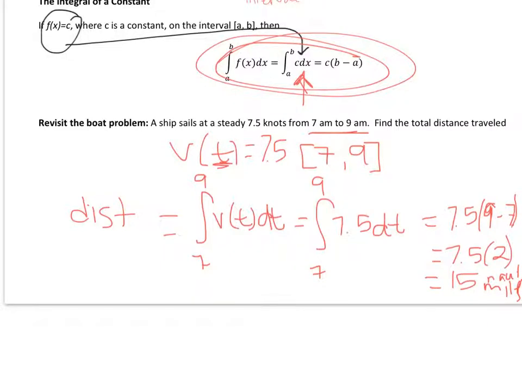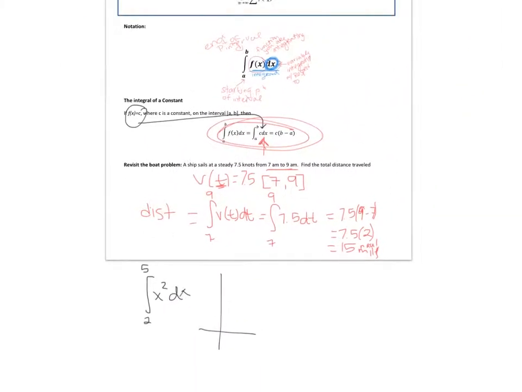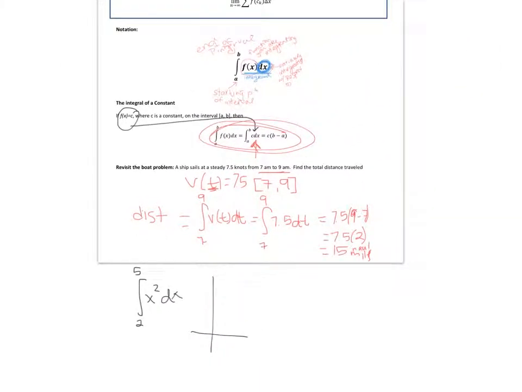So on your homework tonight, part of the homework is asking you to figure out the integral from, I don't know, 2 to 5 of x squared dx, for example. And it says use the area. So what it wants you to do is draw your function, and you know what your function is, it's x squared, because if you go back up to your notation, your f of x is right there in your integral.